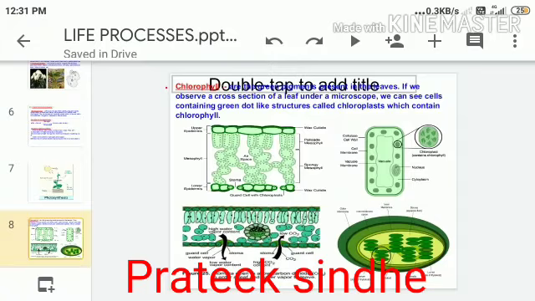It is an oily or jelly-like substance which covers the outermost layer of the leaves. Hence it is called cuticle.